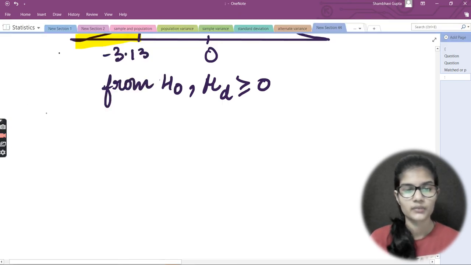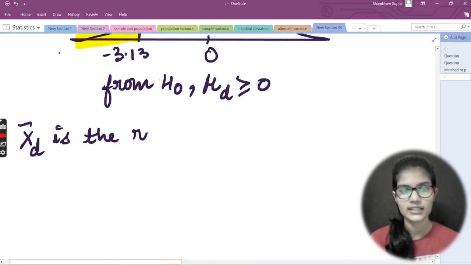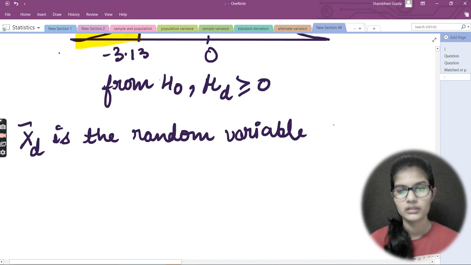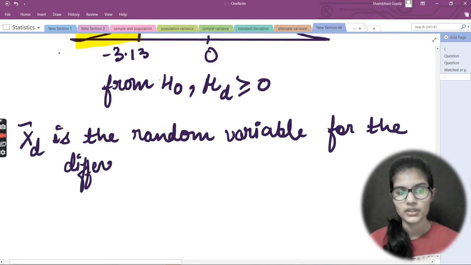So here I could write x bar d. X bar d is the random variable for the differences.